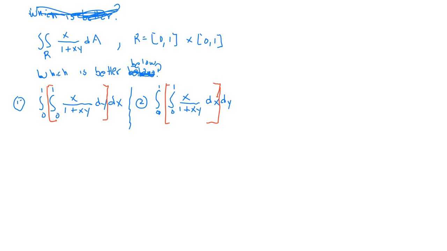Both double integrals represent the same number, but one of the double integrals, the inner integral, is possible to do. The other one might be very difficult. And I'm wondering which should we integrate with respect to? Should we integrate with respect to y first, or should we integrate with respect to x first?